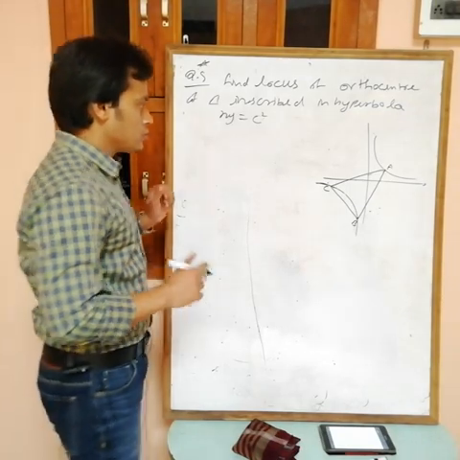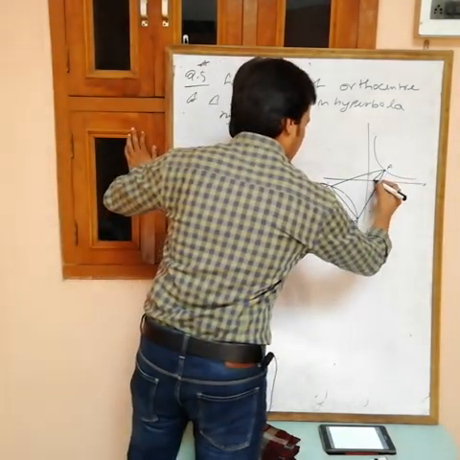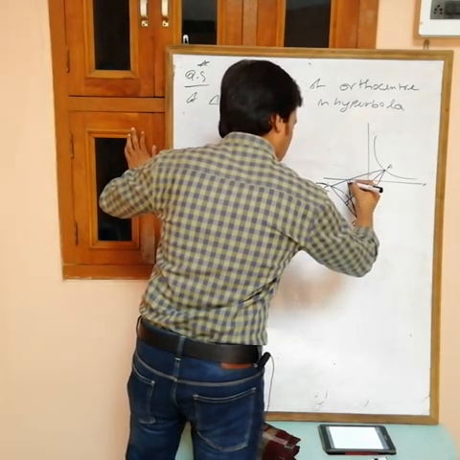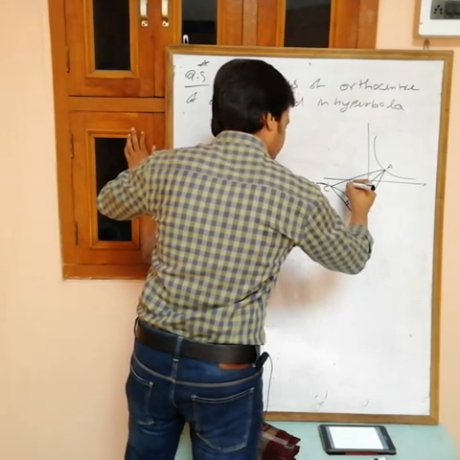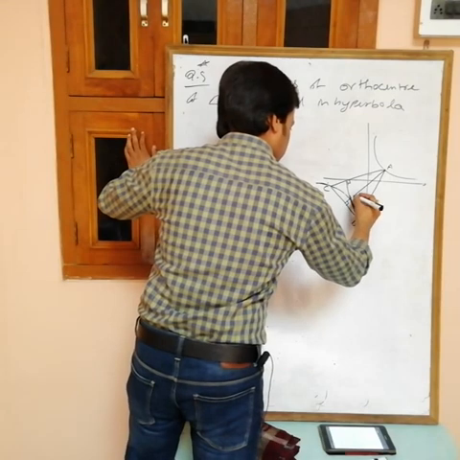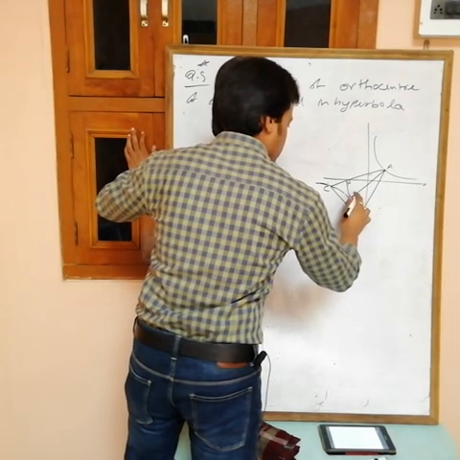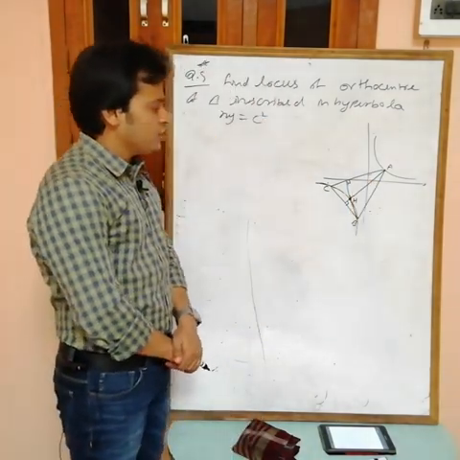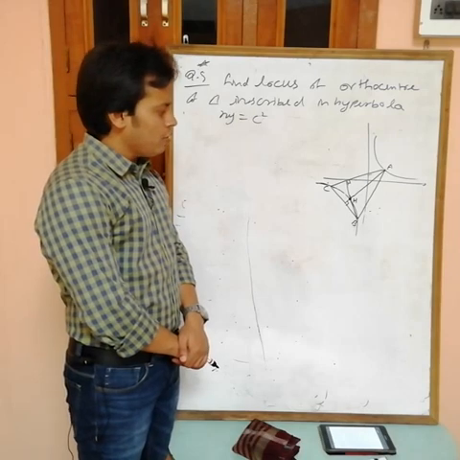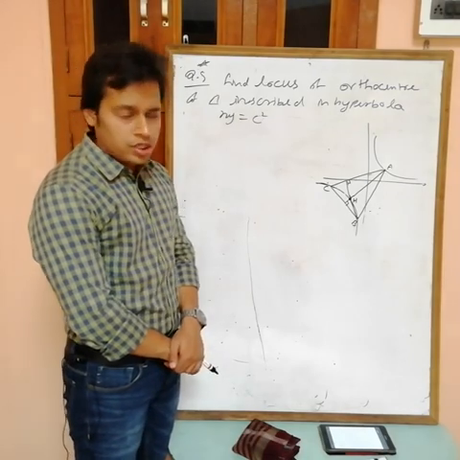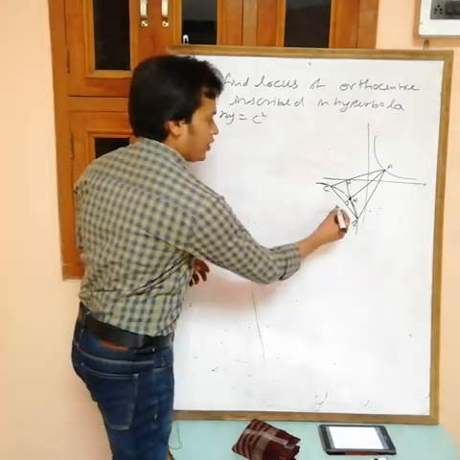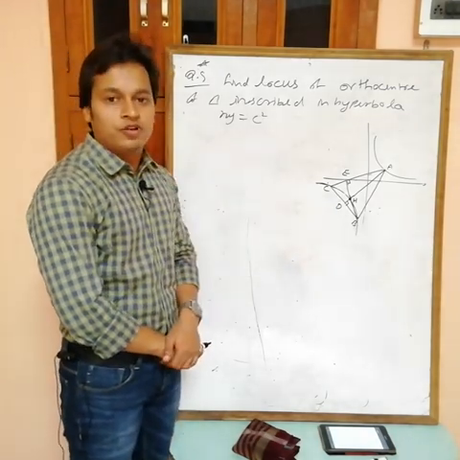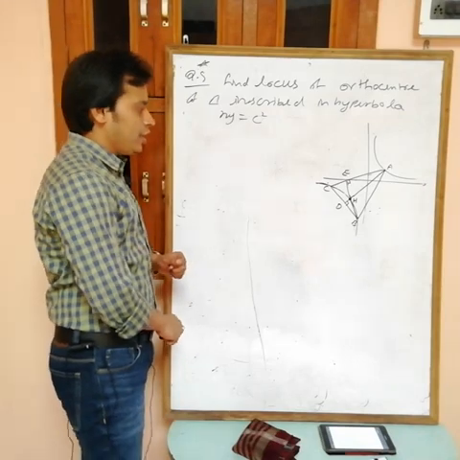So to get the orthocenter, I have to draw the perpendicular from A on BC and from B on AC. Then this point of intersection is the orthocenter H. Now how to get H? If you want the locus of H or the coordinates of H, then we have to solve both perpendiculars AD and BE. Now to solve these perpendiculars, we have to first find the equations of these perpendiculars. So find the equation of AD and the equation of BE.